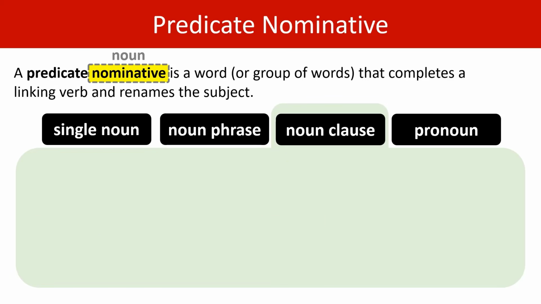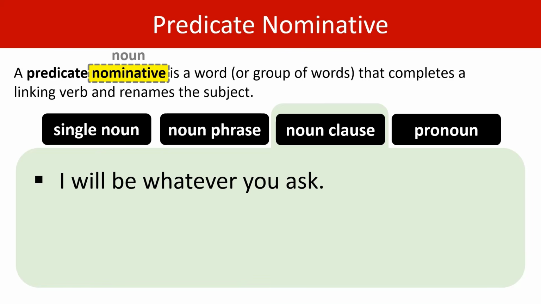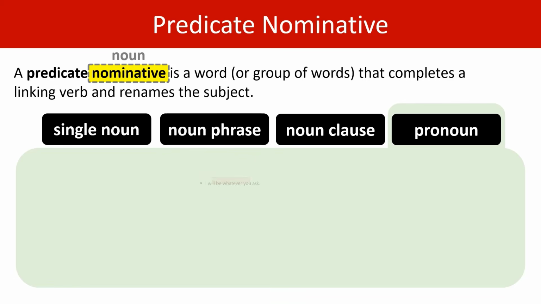I will be whatever you ask. Whatever you ask is a noun clause. It's a noun clause which is a predicate nominative. And then we have a pronoun. It was me. Me is a pronoun. It completes the linking verb was. This is a pronoun and a predicate nominative.